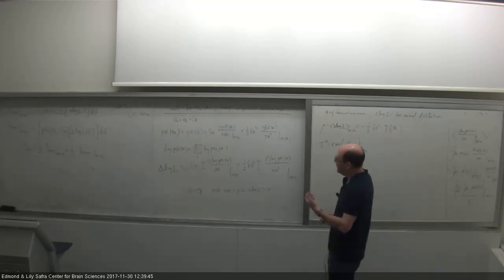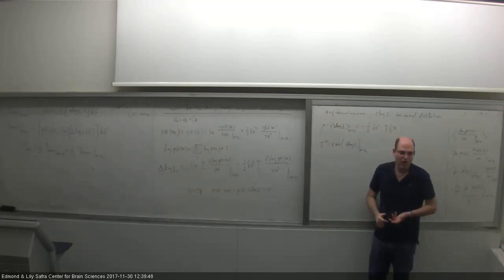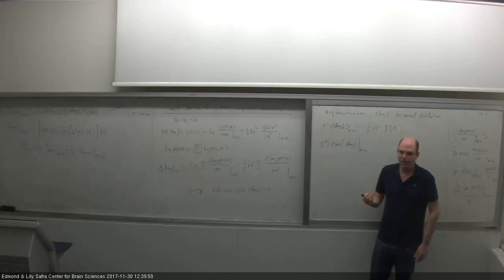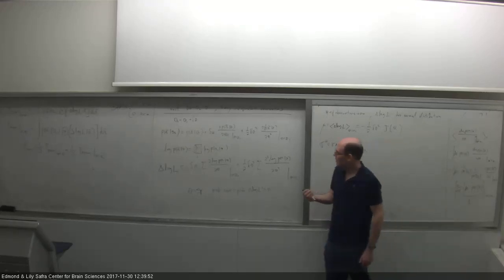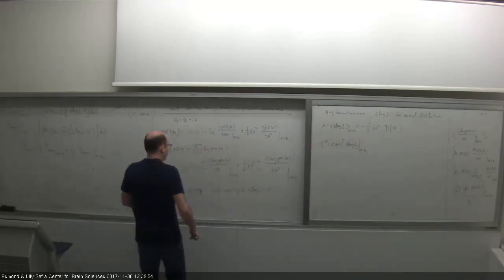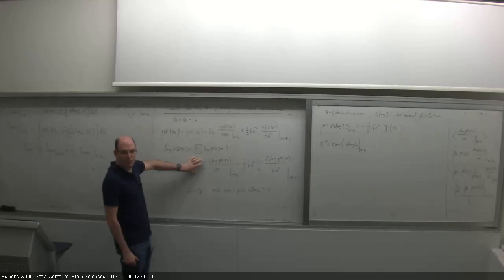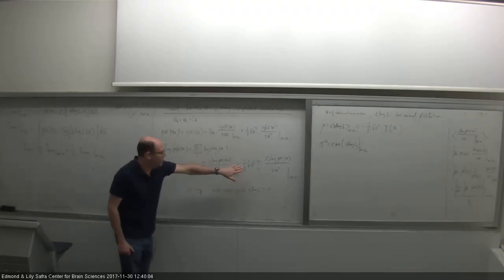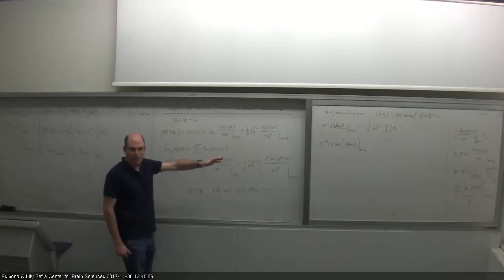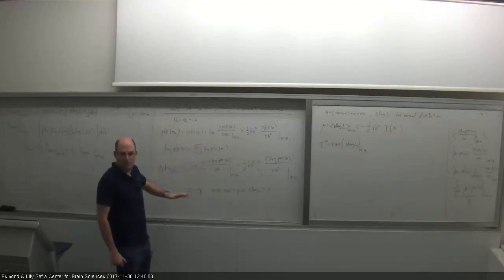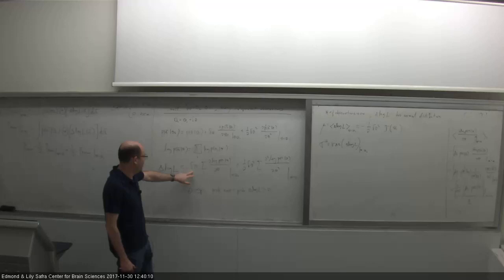So I need to calculate the average of the square of delta log L and subtract the mean squared, right? Okay. If I take the average of this thing squared to leading order in delta theta, I will get this term squared, right? Then these higher order terms will only contribute higher order things. So I'm only interested in the leading behavior as a function of delta theta.